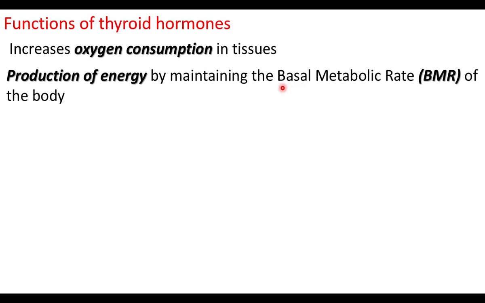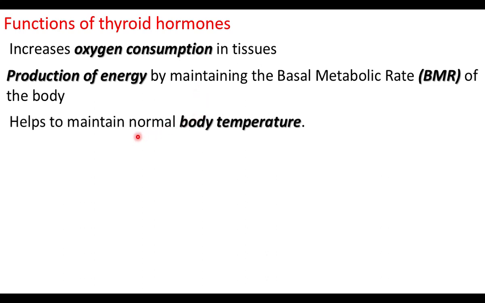During resting condition, a certain amount of metabolic rate related to energy production takes place, called basal metabolic rate. Basal metabolic rate is maintained by thyroxine hormone. When the body is metabolically active, heat is produced. So this hormone maintains body temperature.